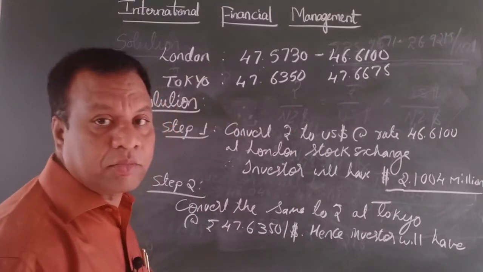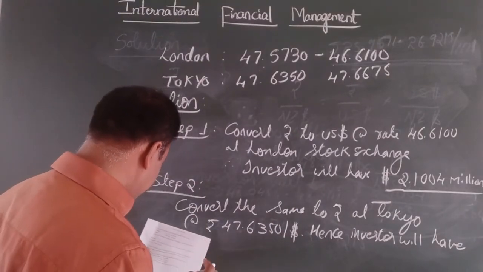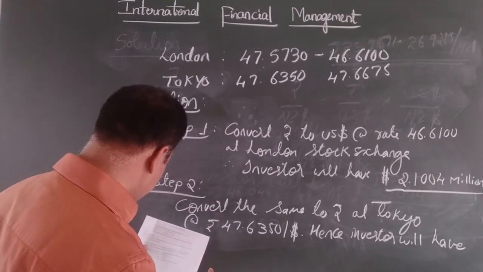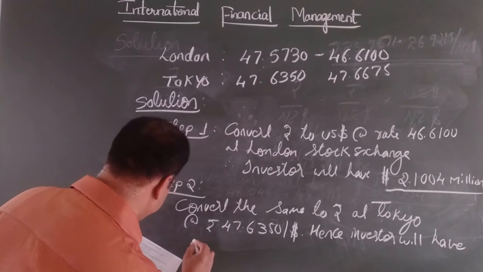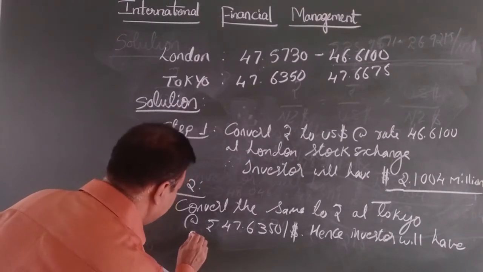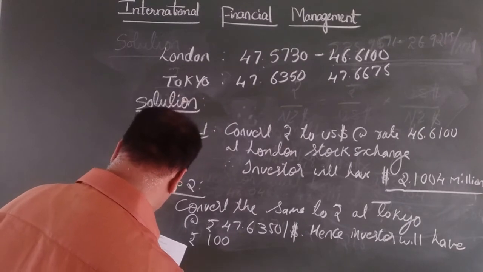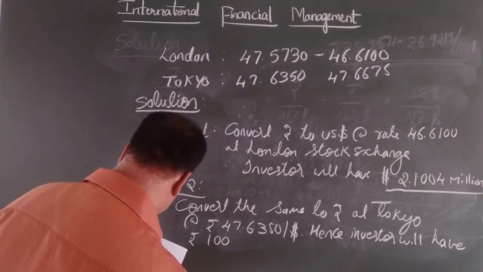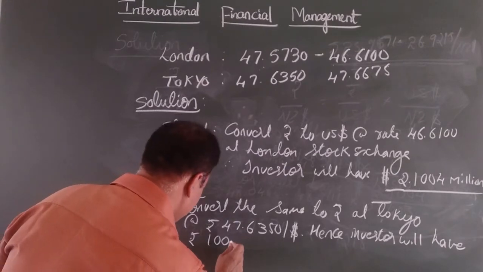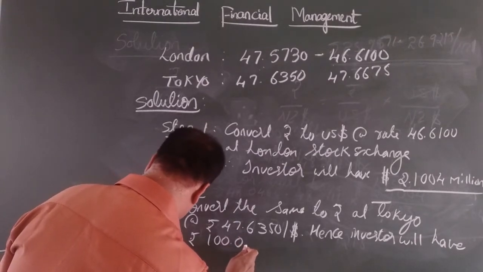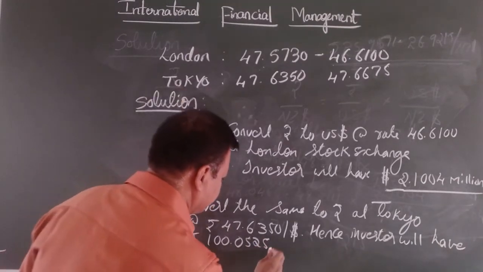How much will the investor have? The investor will have rupees of 100 million plus a profit of 0.0525, that means 100.0525 million.